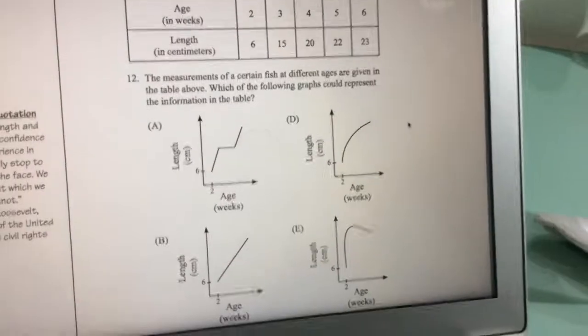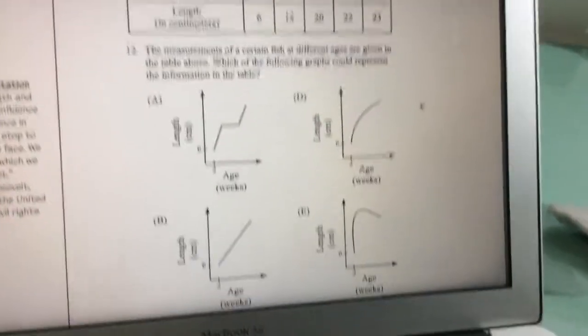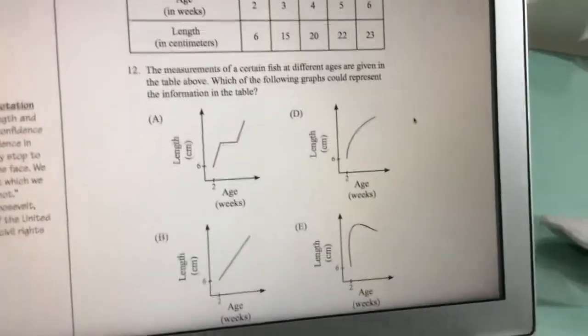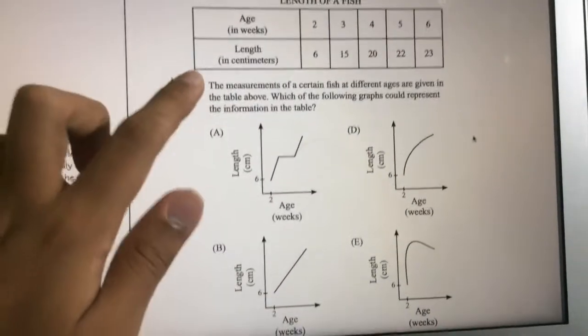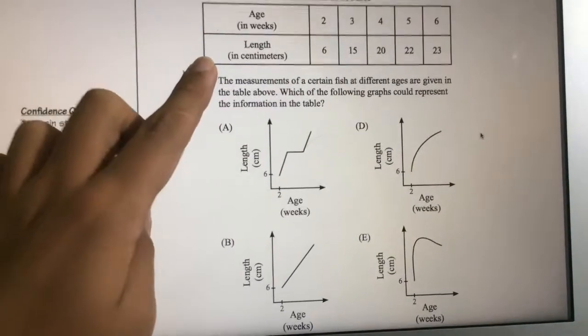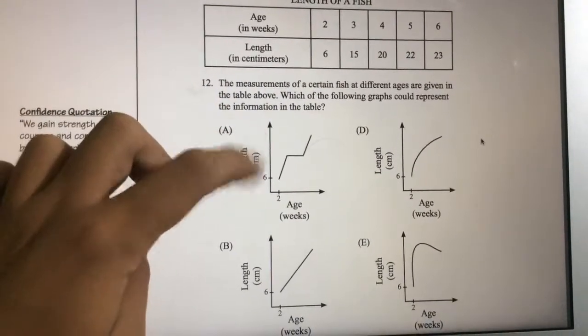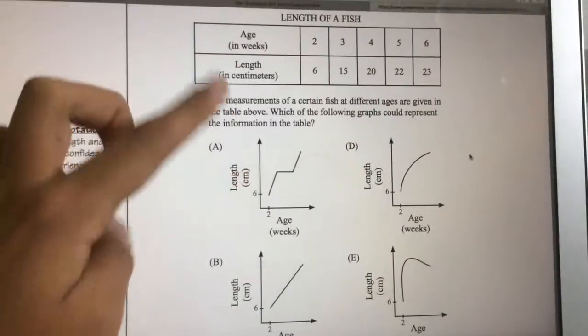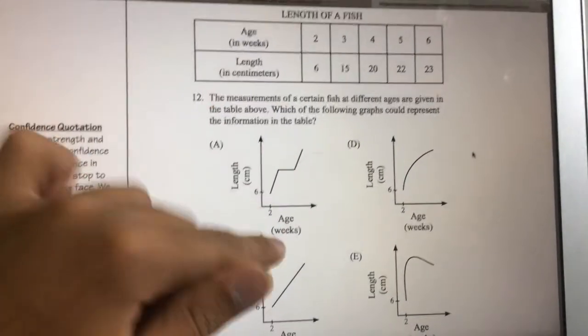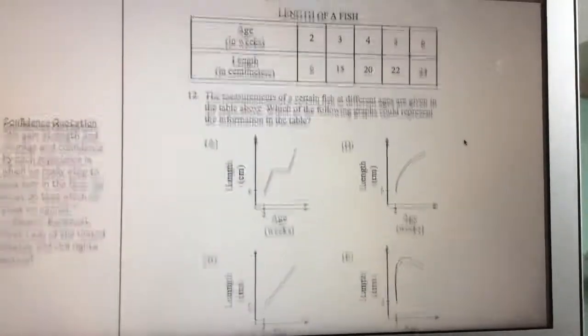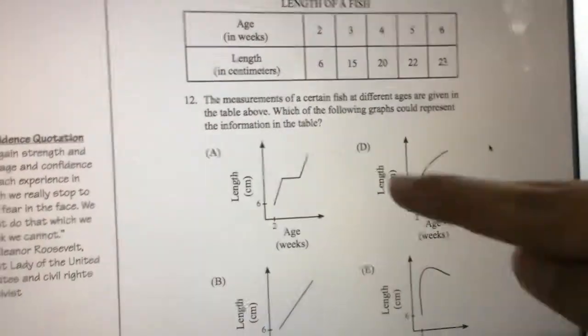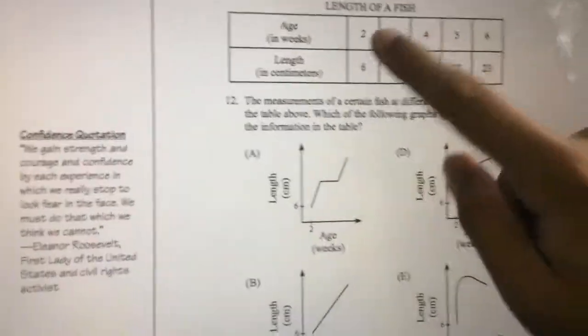So as you guys can watch here, we actually need to plot the points. The centimeters that we are looking at right here is our y, because it is on the y line, and the age in weeks is our x. Let me look at which one is the right one.